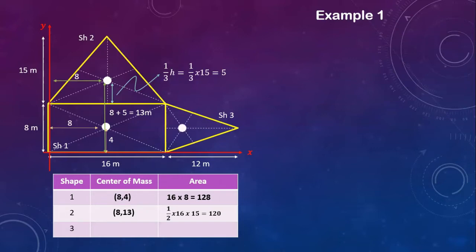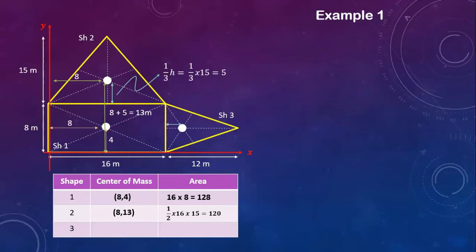Now our work is to find the center of mass of this third shape, for the x component.